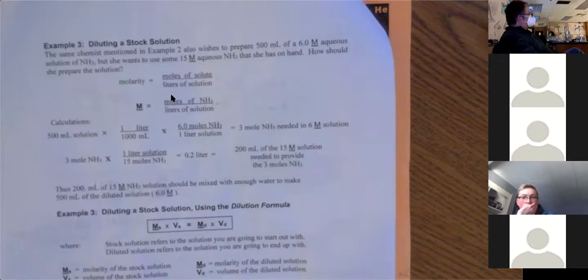Is it because it's less quantity? Less volume, maybe. Well, there's actually more stuff in it than a bottle of 1 molar. But why would it be cheaper?